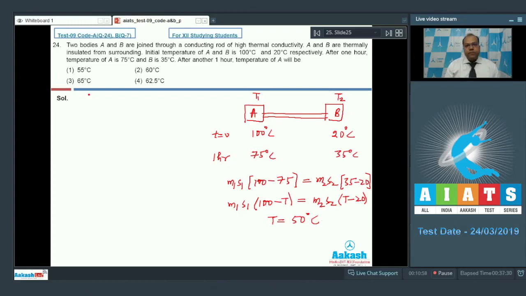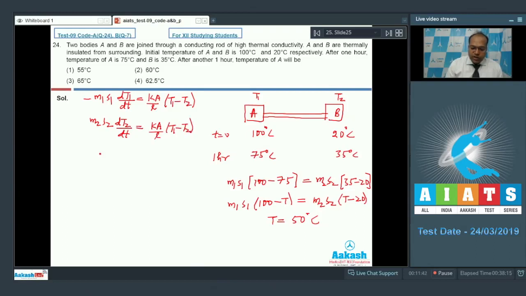We know that the temperature difference between the two bodies at any time t is exponential in nature. So the temperature of body A as well as body B is also exponential in nature, because for body A, minus M1 S1 into dT1 by dt is equal to KA by L into T1 minus T2, and for body B we can write M2 S2 into dT2 by dt is equal to KA by L into T1 minus T2.